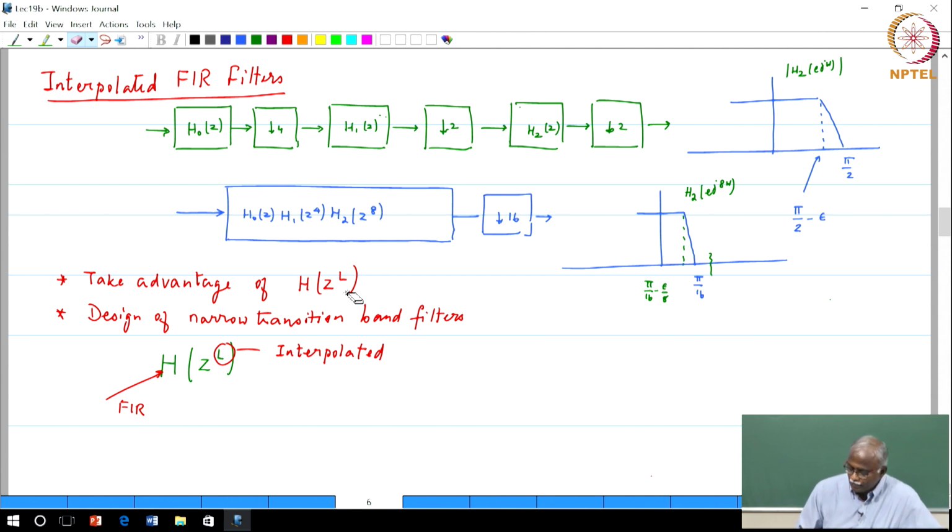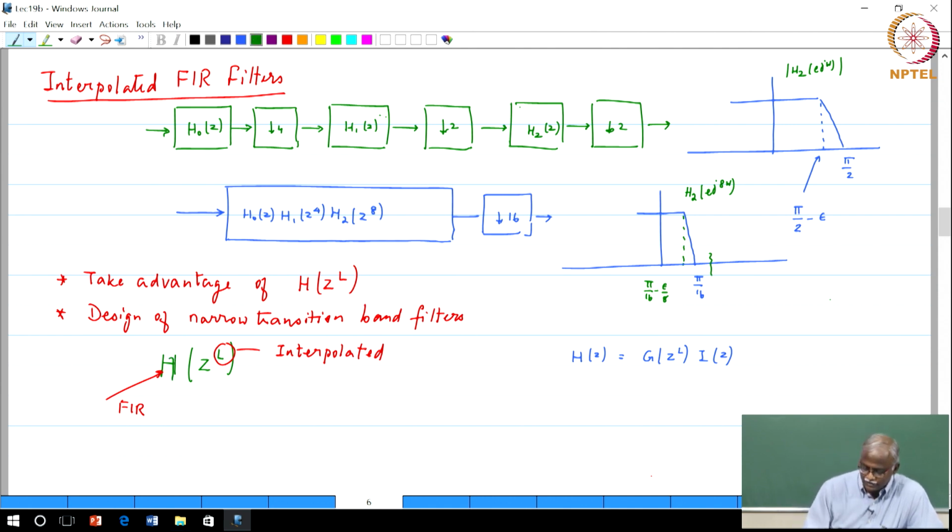So, basically we saw the example where you can design a filter h of z as g of z raised to the power L followed by an interpolator. Okay. By the way, this type of design is called an interpolated FIR filter.